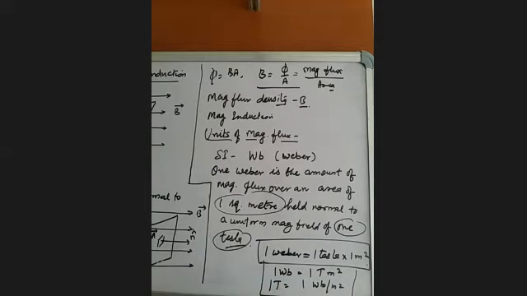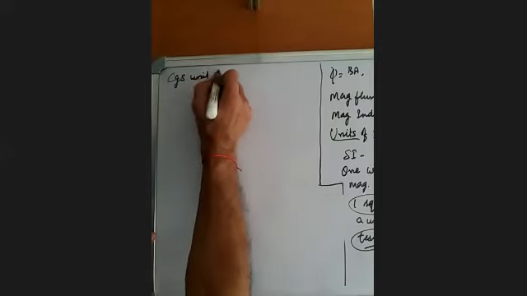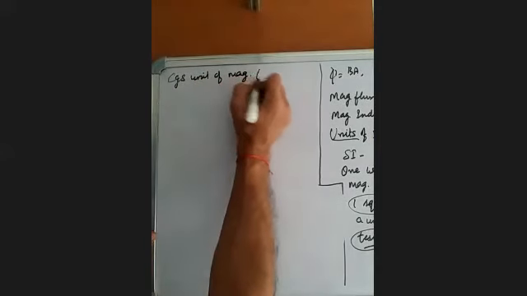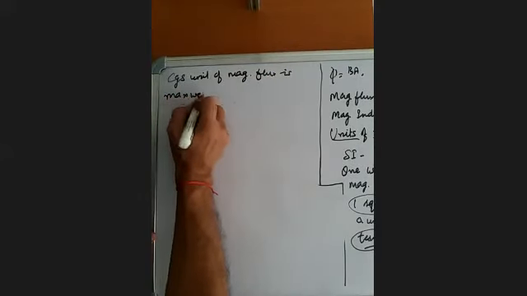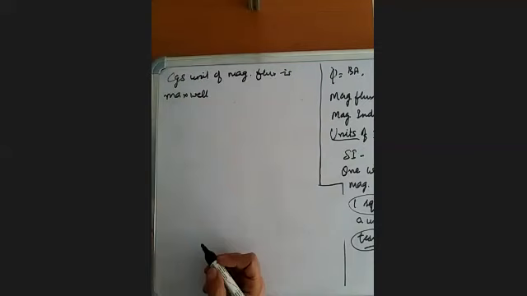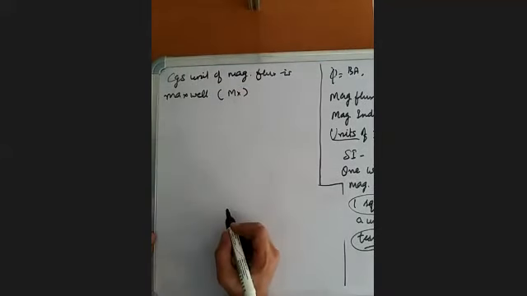So you can get all these conversion combinations. Now the CGS unit, this is the SI unit, that is Weber. The CGS unit of magnetic flux is Maxwell. And it is generally denoted by a capital M and X, like this, Mx.